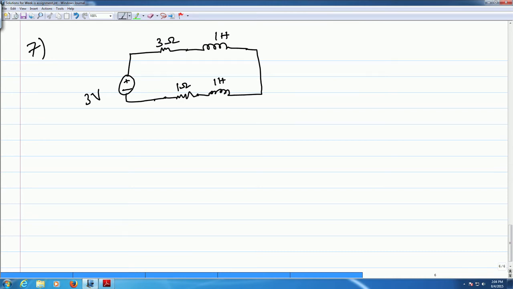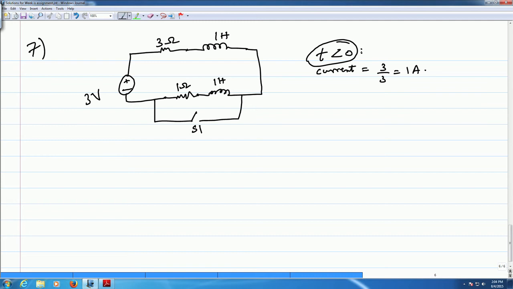And then there is a switch here, S1. So, S1 remains closed for t less than 0. So, for t less than 0, the current is actually 3 by 3, which is actually 1 ampere. How did I get that? Because for t less than 0, the switch S1 is closed.